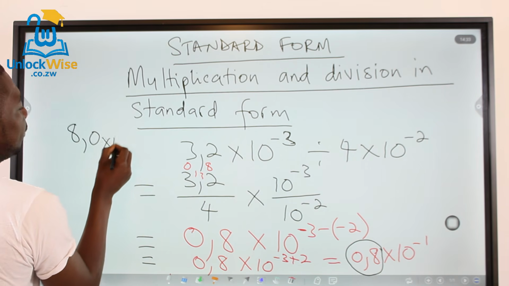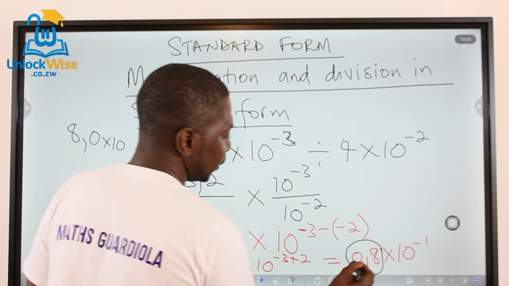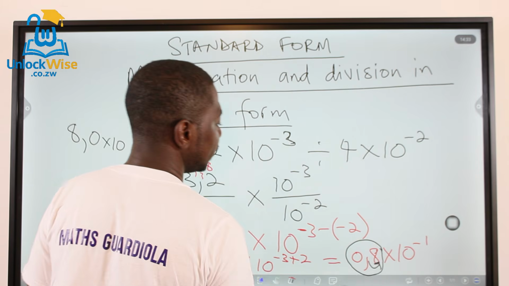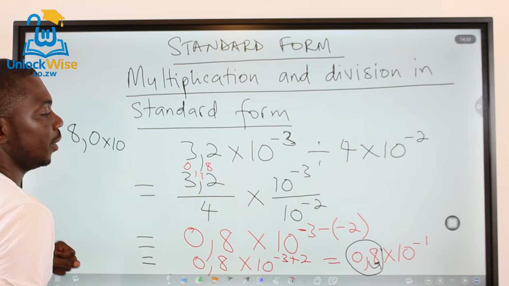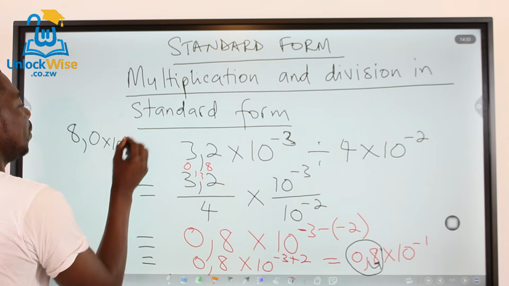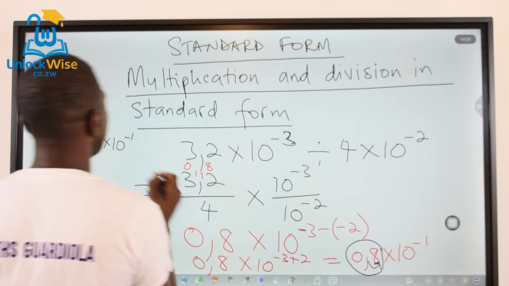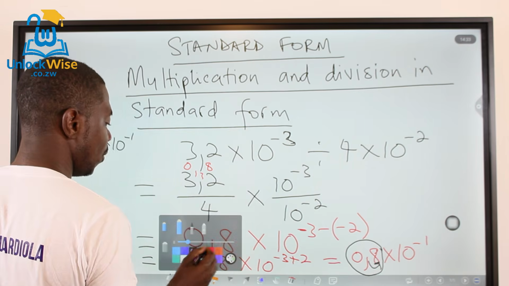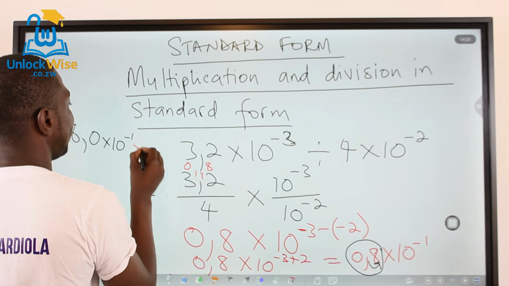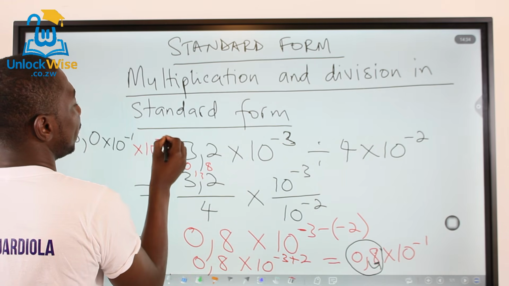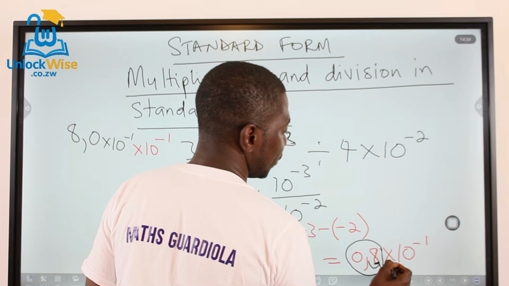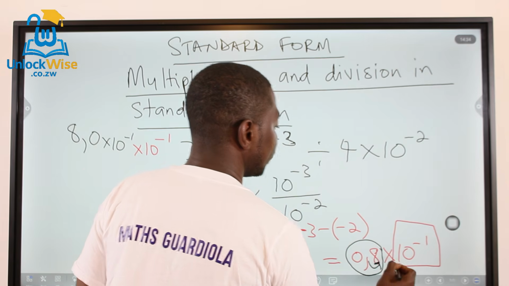8.0 times 10 to the power, because we moved to 1. It's a small number, by the way, so we have the power of 10 being negative 1, and we also have this times 10 to the power negative 1, rather, this one.